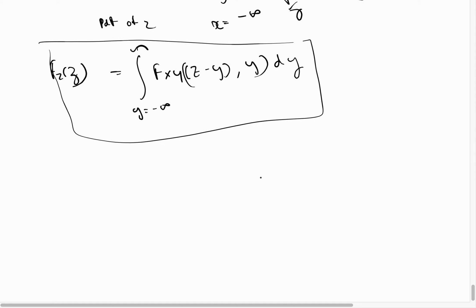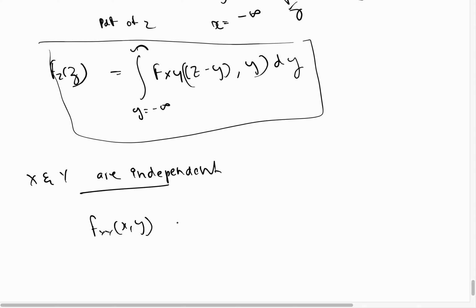So quickly, the last few steps. Suppose x and y are independent. Then the joint PDF of x and y is given by f_X(x) times f_Y(y).